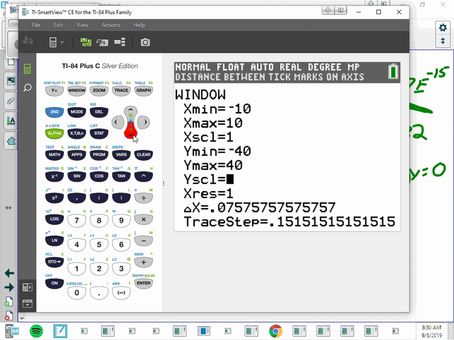And then, what does this YSCL mean? It's the scale. It wants to know how often should I put one of those little tick marks. So if I'm going from -40 to 40, that's 80 marks. That's probably too much. So maybe I want to count by 5s. And then I push graph.